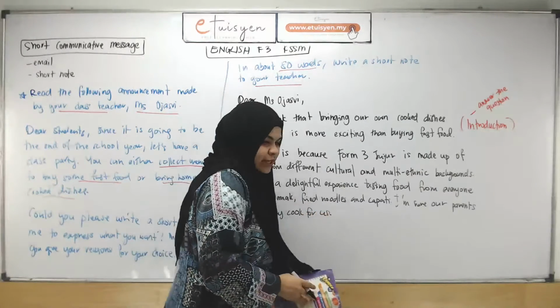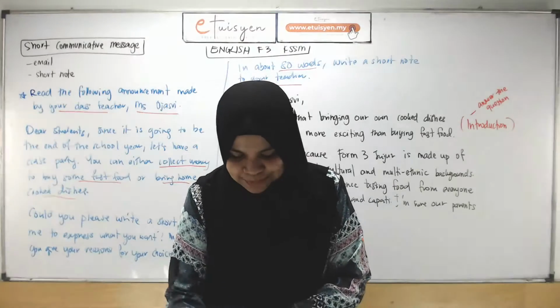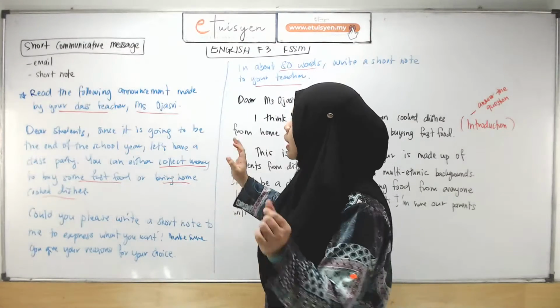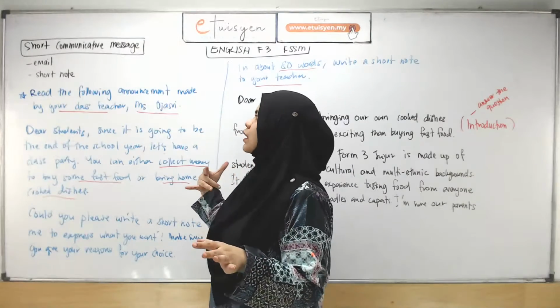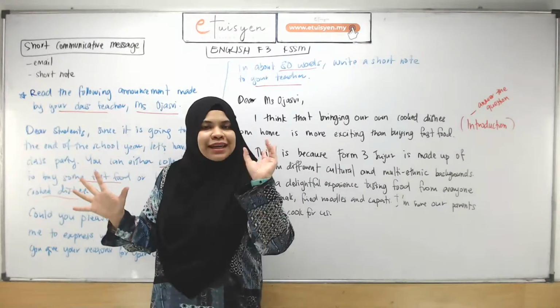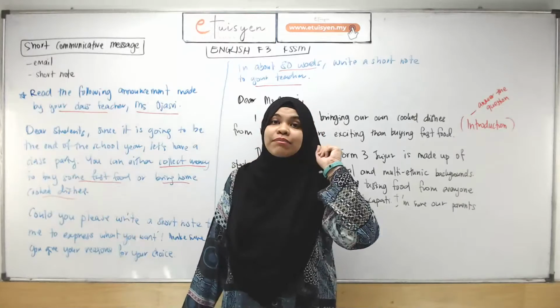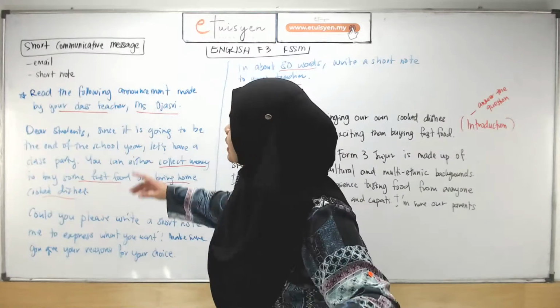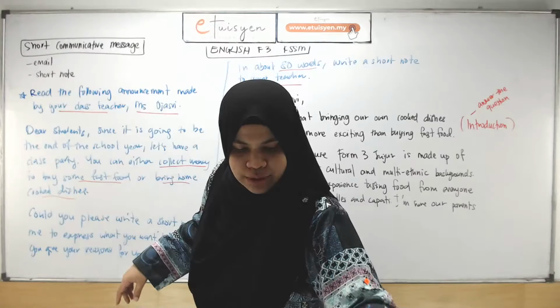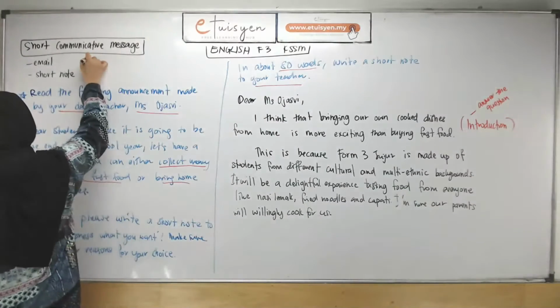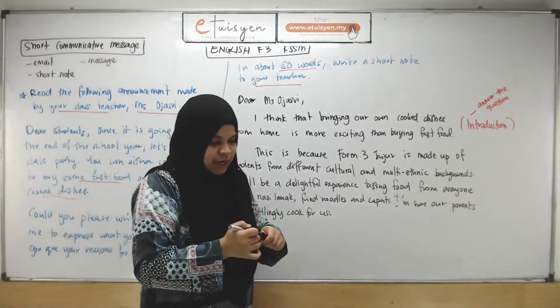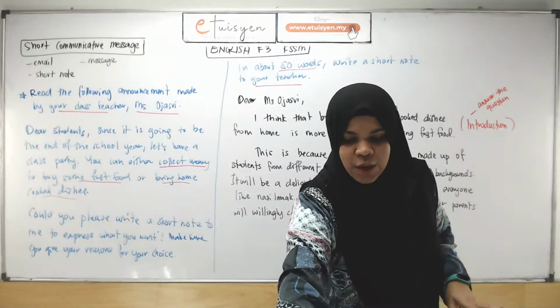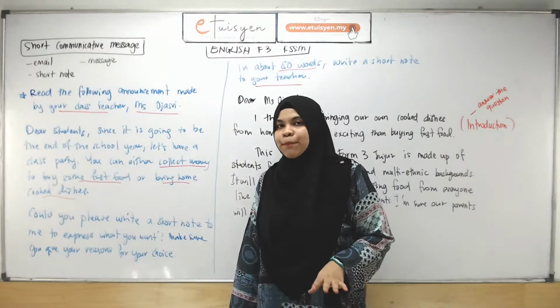Okay, I forgot to tell you something. In this question, in this short note, or email, so two of them, email or short note, sorry. Oh, sorry, there's another one, message. So other than email and short note, there's another one, it will ask you to write a message. They will not really give you some points.